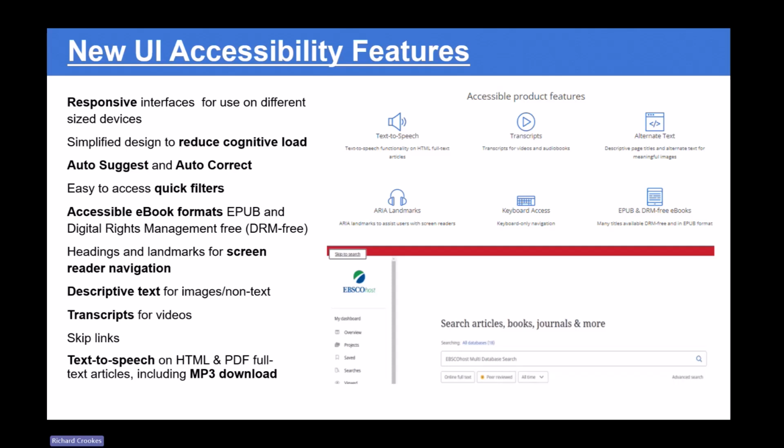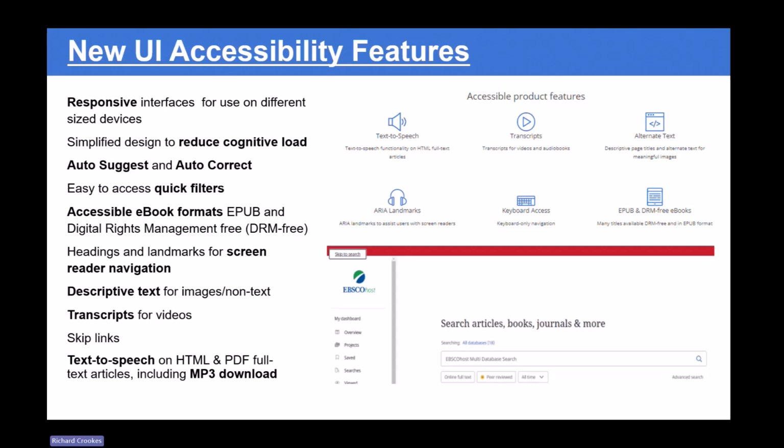We support accessible ebook formats, including EPUB and DRM-free content. There are headings and landmarks for screen reader navigation, so like using JAWS, etc. And we also have descriptive text for non-text, so for images, etc. There are also where appropriate transcripts for videos, and also we incorporate the text-to-speech software, not only for HTML articles, which has always been the case within the original interface, but even now with the new interface, we support text-to-speech software for PDF content as well.